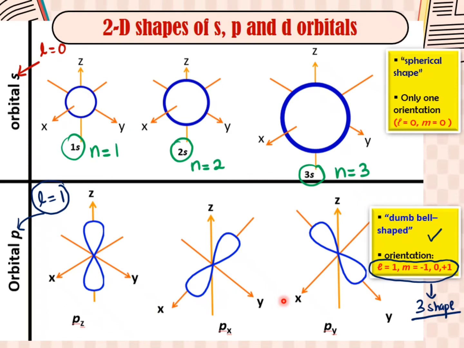This one for p orbital. So that's why if m equal to -1, 0, +1, it consists of 3 shapes, which is pz, px, py. So apa beza dia? Position dia on the axis sahaja. Nampak? So when you draw, ni nanti line dia tak nampak, awak boleh padam je. Okay, so this is dumbbell shape.